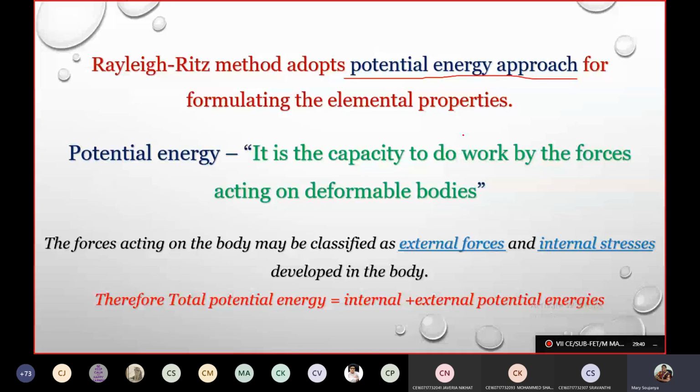That is, internal potential energy plus external potential energy. Or to simplify it more, the work done due to the external forces plus the capacity or the work done due to the internal stresses combined together, I'm calling that the total potential energy of the body.